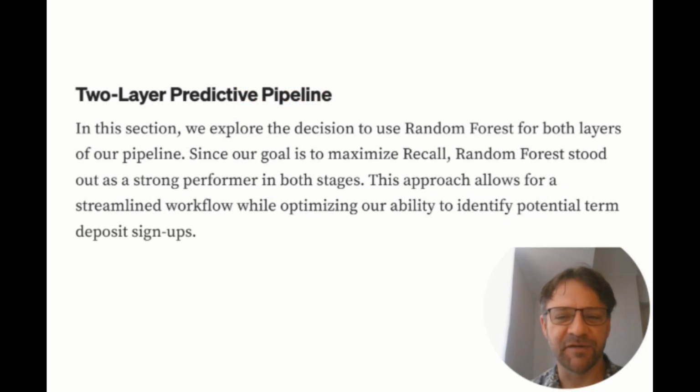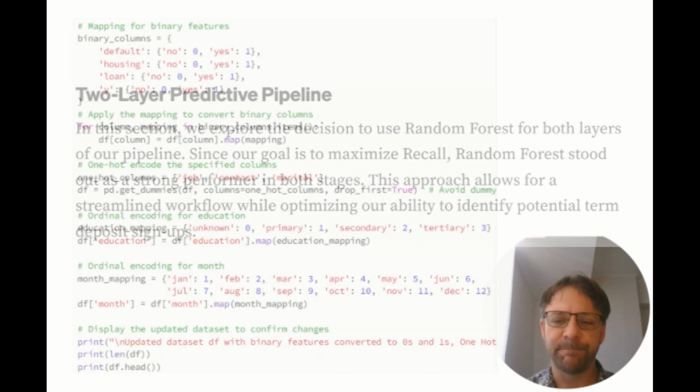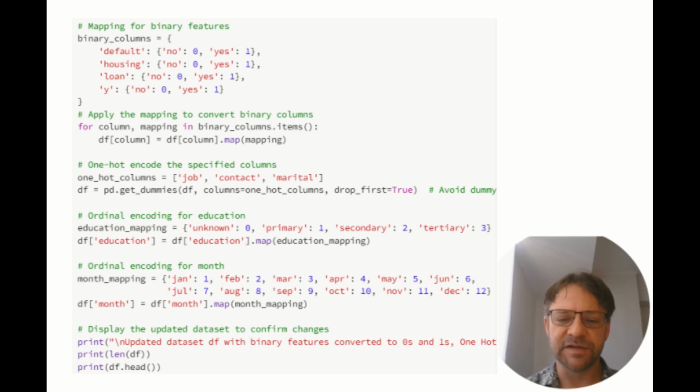Now we get to the fun part, where we get to implement the two-layer predictive pipeline that I've been talking about. After all of the model testing, I landed on random forest classifier as one of the best classifiers to use. So we prepare our DF demographic data frame. To use a random forest classifier, we need all numeric values.